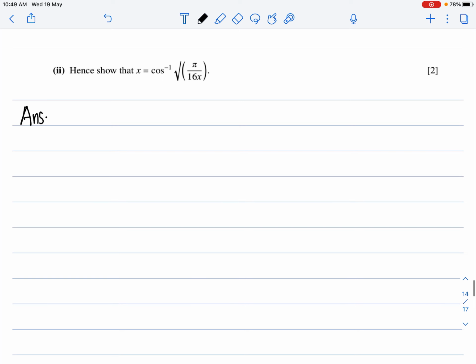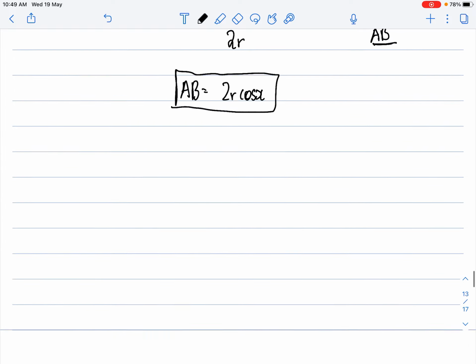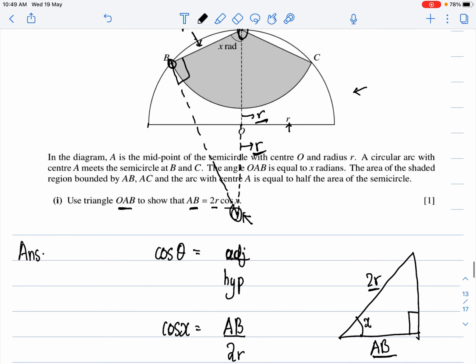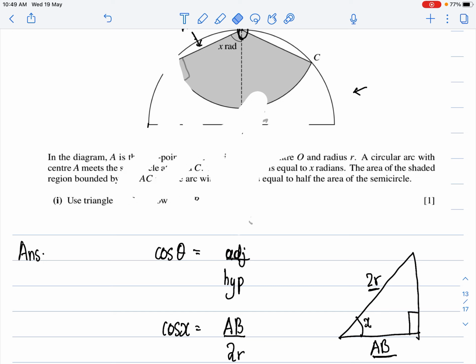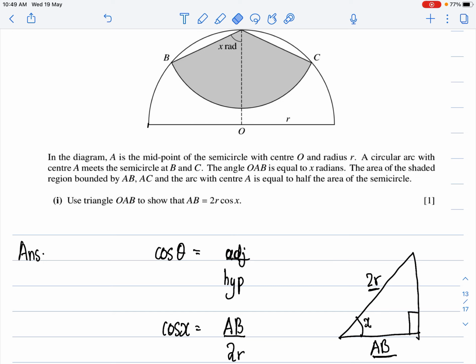Now, hence show that x is equal to cos inverse of root of pi over 16x. So now see, if you read your information carefully, what I'll do is I'll simply remove these lines here so that it's easy for you to understand what I'm saying.